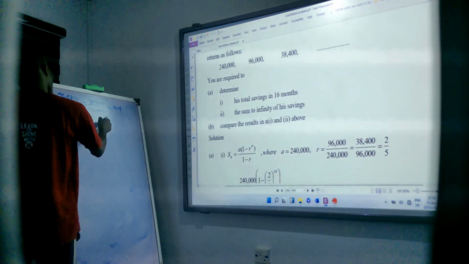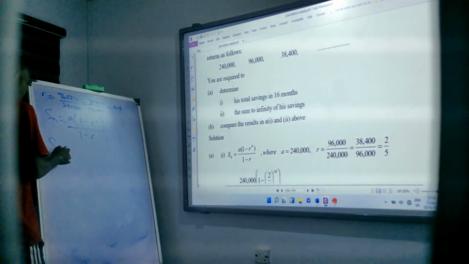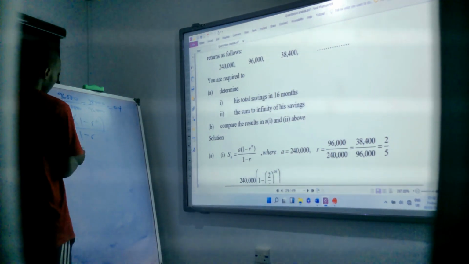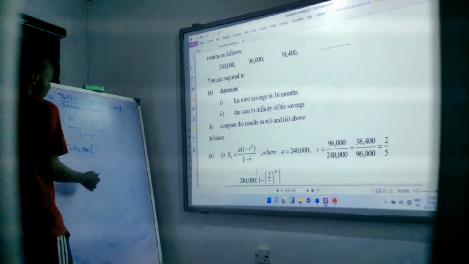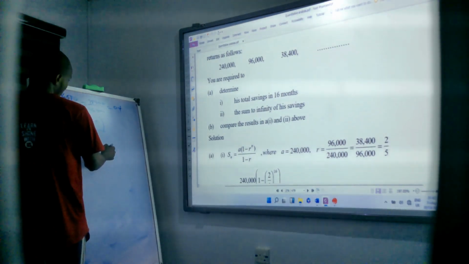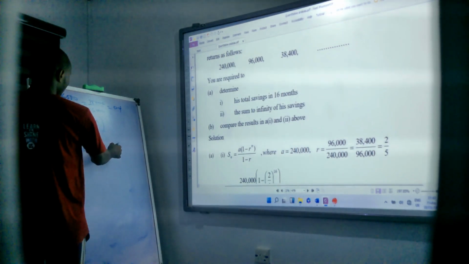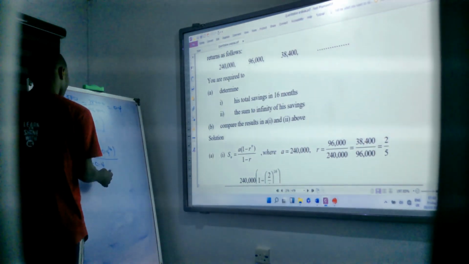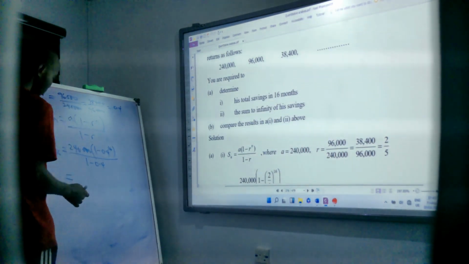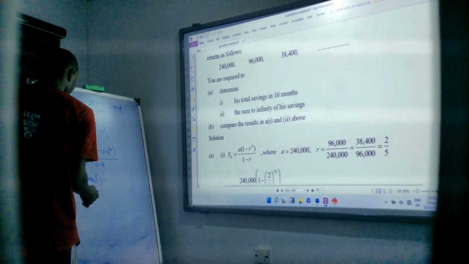So our Sn, with r less than 1, we use a times 1 minus r to the power n over 1 minus r. So S16 will equal, first term is 240,000, that is a, 240,000 multiplied by 1 minus 0.4 to the power 16 over 1 minus 0.4.